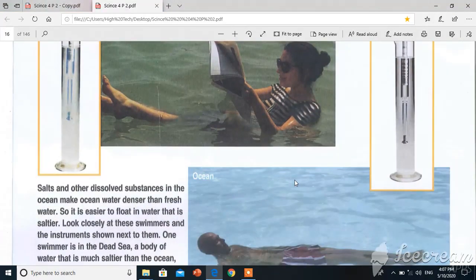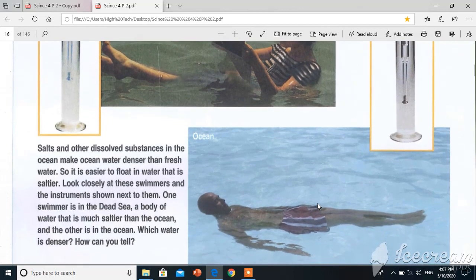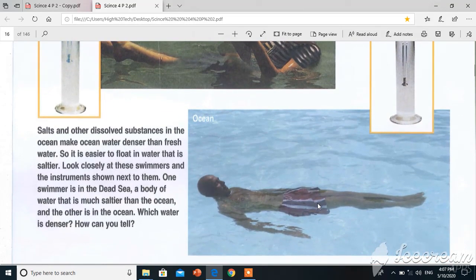So students, the amount of salt in the ocean differs from one place to another. Near the shores, ocean water is less salty. Why? Because of the fresh water that mixes with the salt water, and also due to evaporation near the surface of the ocean.